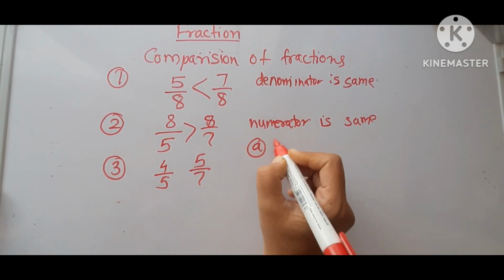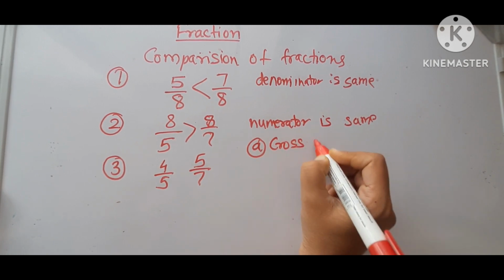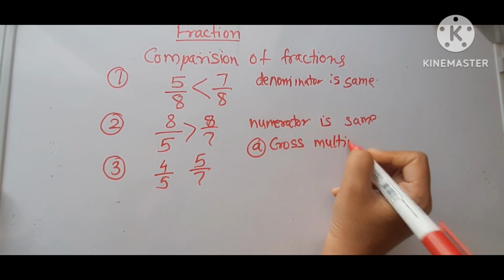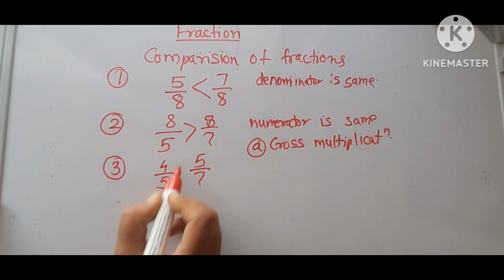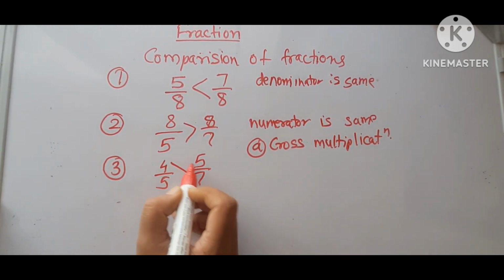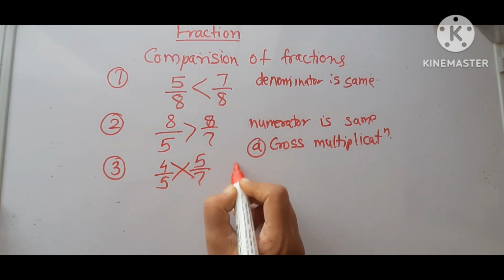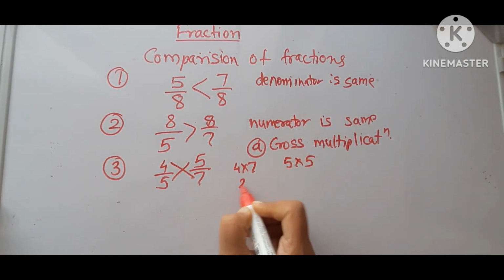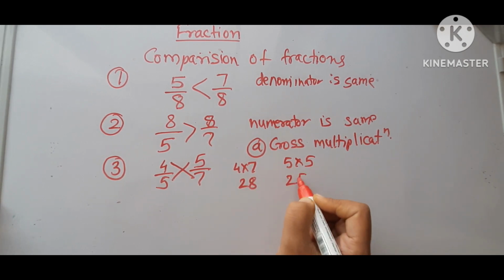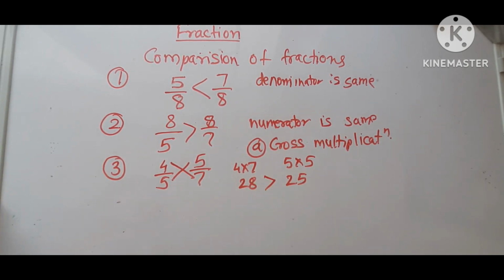The first method is cross multiplication. What we'll do in cross multiplication is multiply 4 by 7 and 5 by 5. 4 sevens are 28, 5 fives are 25. Which one is bigger? 28 is bigger. So here we can say 4/5 is bigger than 5/7.